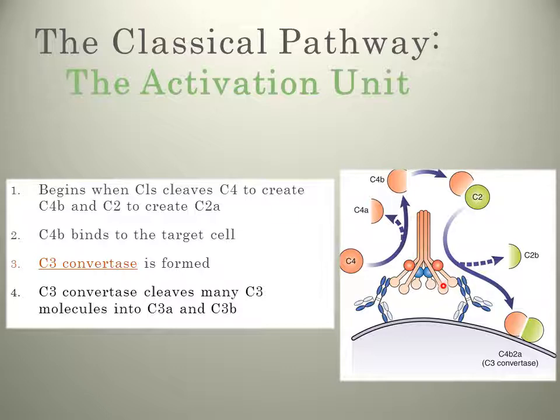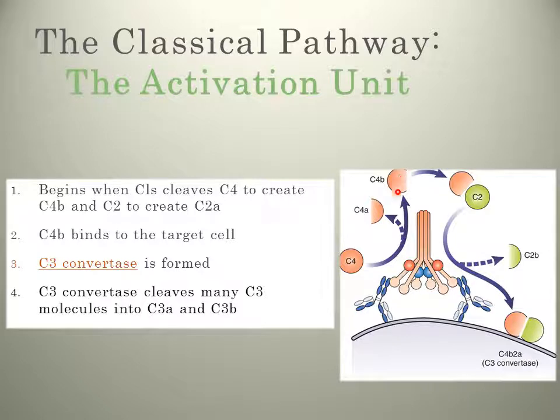So on our drawing here, looks similar to the previous one. Here's our C1qrs. It's found its two antibodies. It's become activated. We have C1s. It acts on C4. It cleaves or splits C4 into C4a and C4b. C4a is going to float away and do its thing.